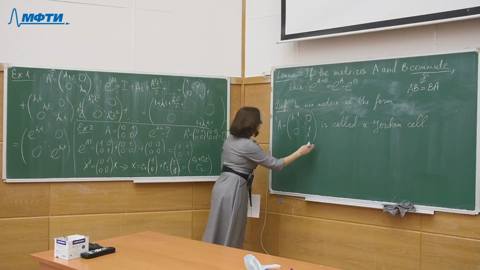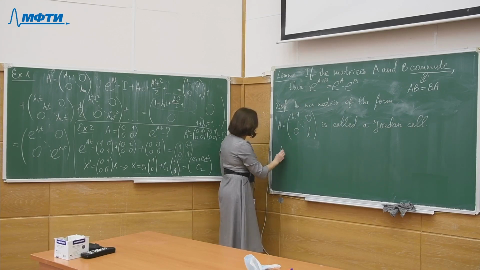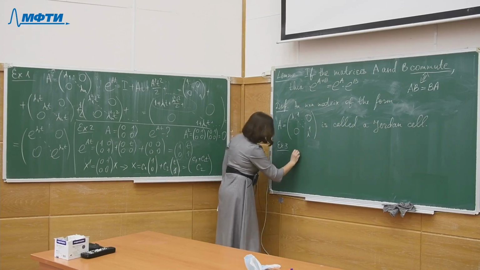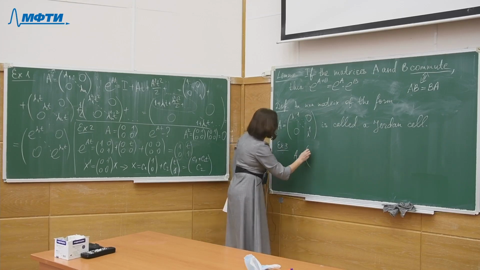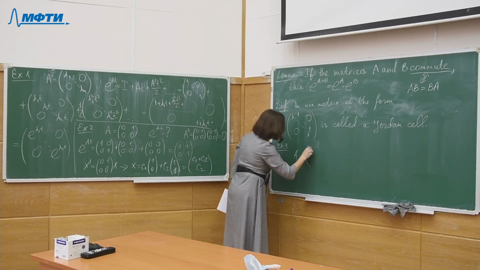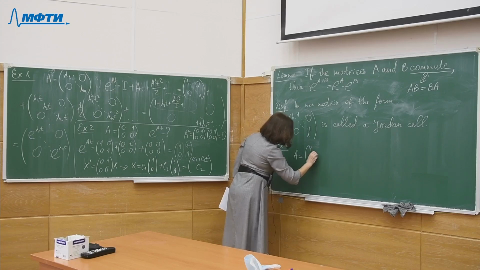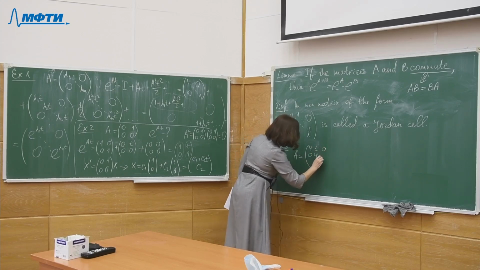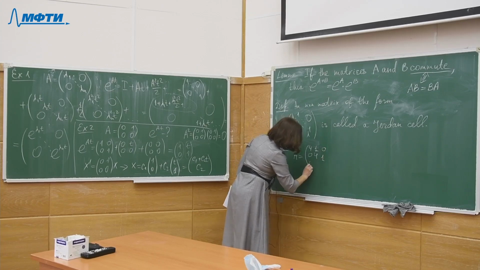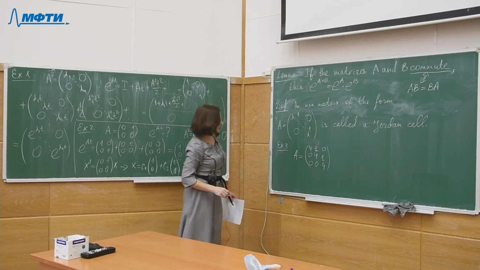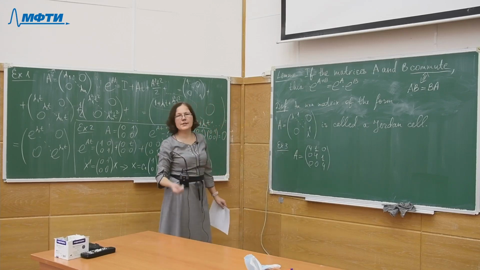For example, an example of a Jordan cell, example number 3. For example, a matrix of the form 4, 1, 0, 4. So this is an example of a Jordan cell.